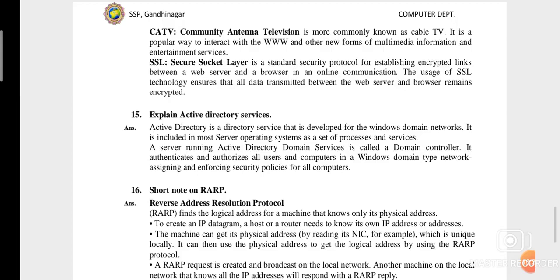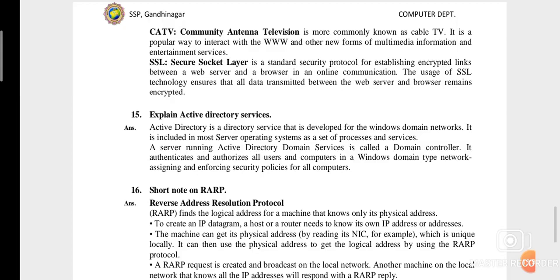Next, question number 15 is explain Active Directory services. Active Directory services is a directory service developed for the Windows domain network. This is very important for the Windows domain server. It is included in most server operating systems as a set of processes and services.